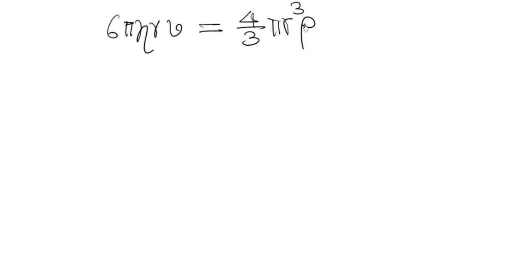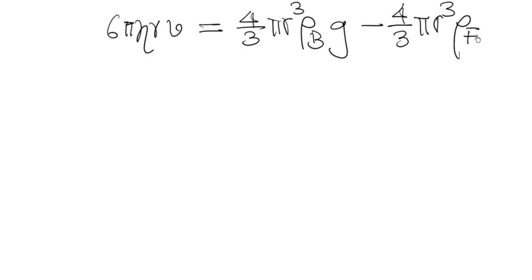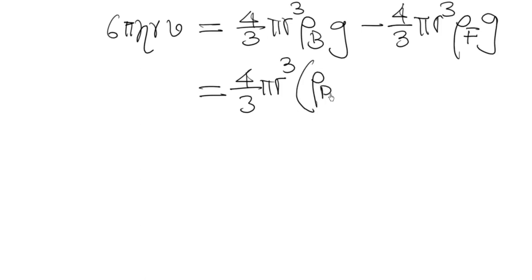The equation can be written as 6 pi eta r v equal to 4 by 3 pi r cube rho b g minus 4 by 3 pi r cube rho fluid g. And if we take common 4 by 3 pi r cube, we'll have here rho b minus rho f and g.